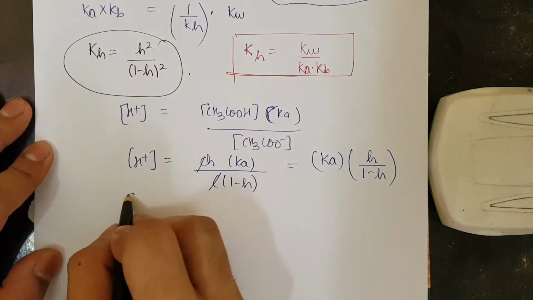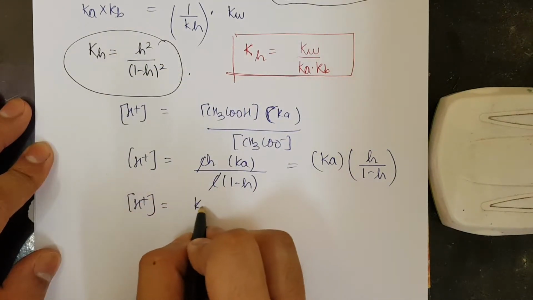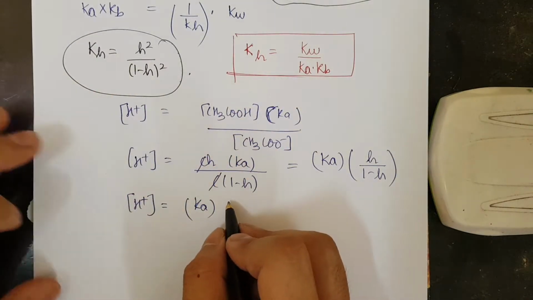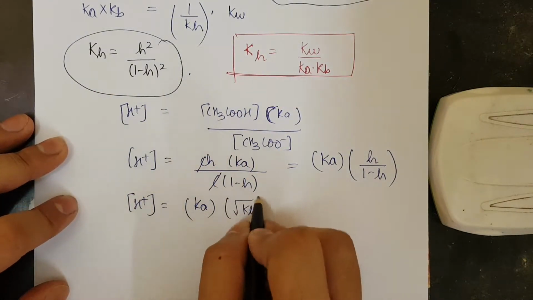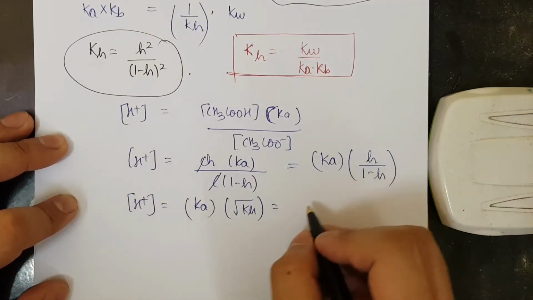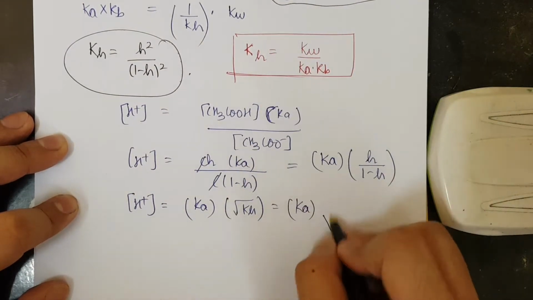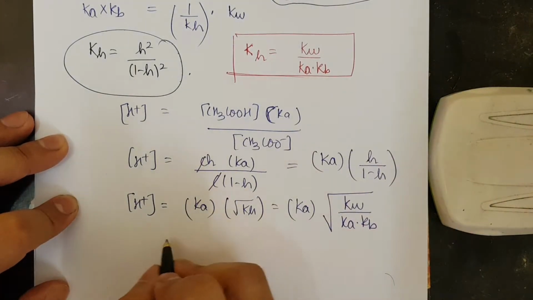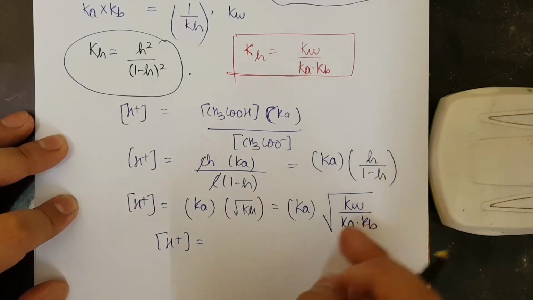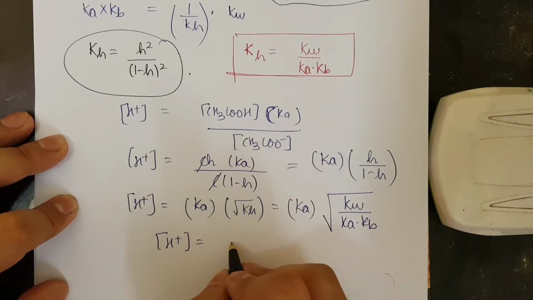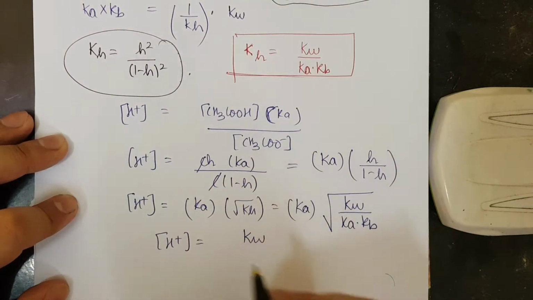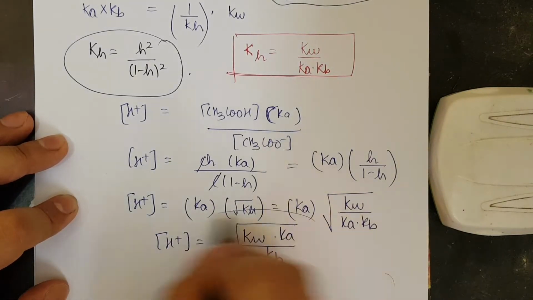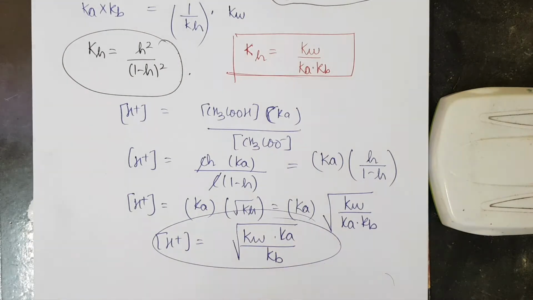Taking square root, we get the value of H plus to be equal to Ka into root of h upon 1 minus h, which becomes root of Kh, which can also be written as Ka into root of Kw upon Ka into Kb, and H plus can also be written as, taking the root from here also, we get root of Kw into Ka whole upon Kb. So we have got the net H plus concentration in the solution.